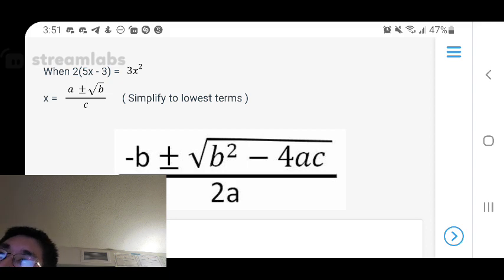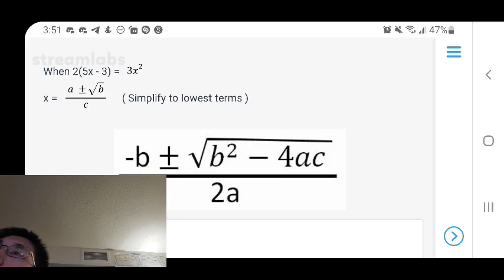Let's see. Oh, you want me to simplify it?